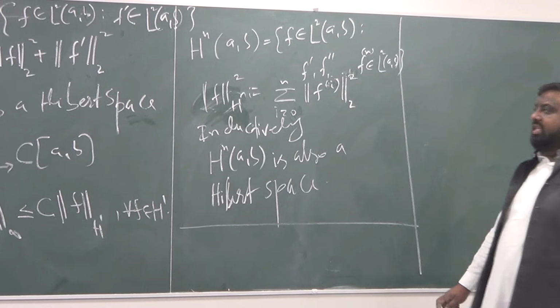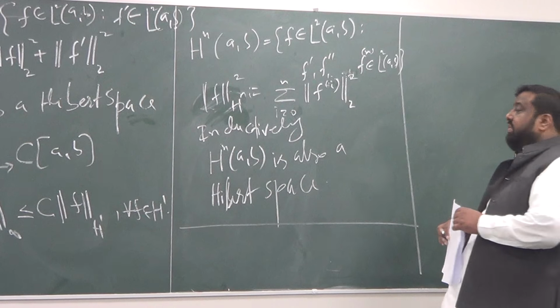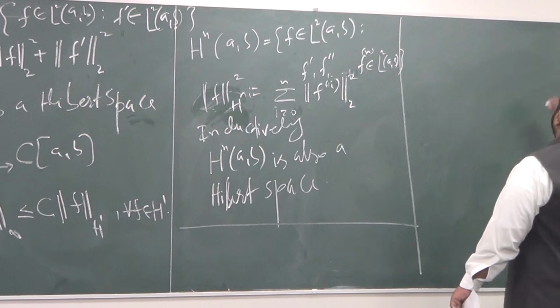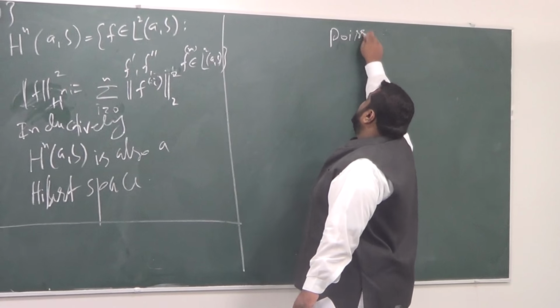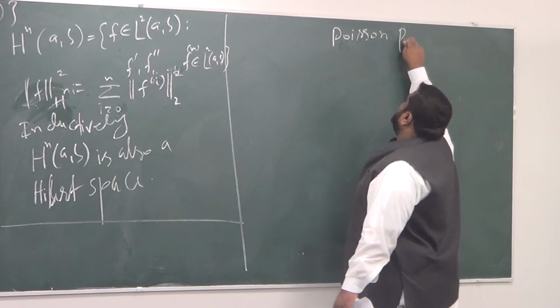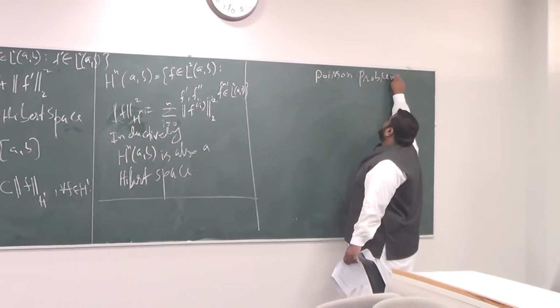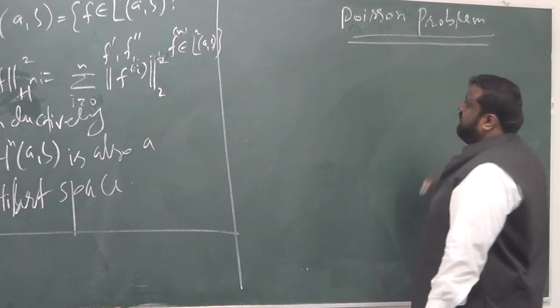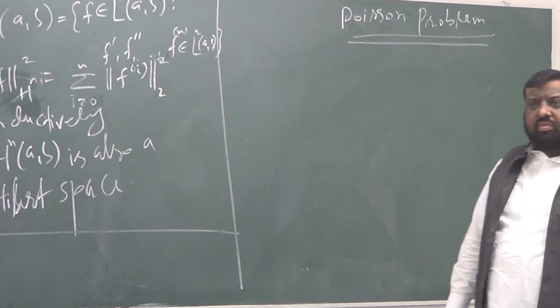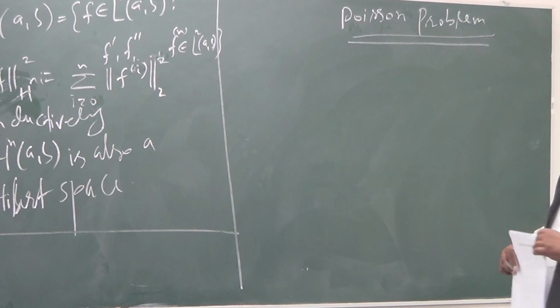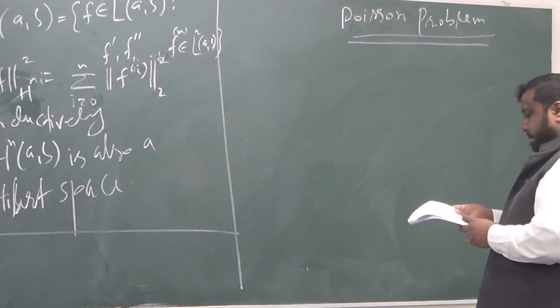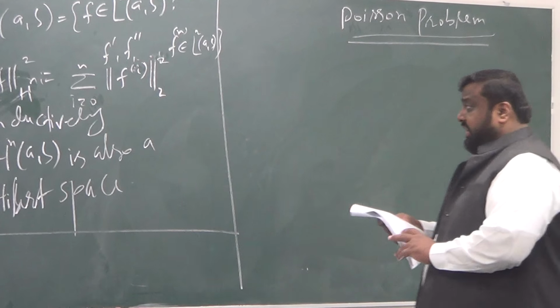Why did we define all these? We defined all these because we want to solve, in some sense, what we call the Poisson problem. So what is the Poisson problem? Let me formulate it, and let's have a discussion on it.